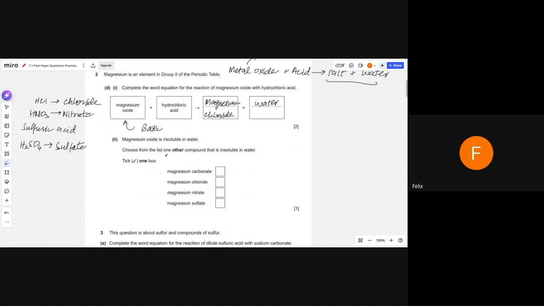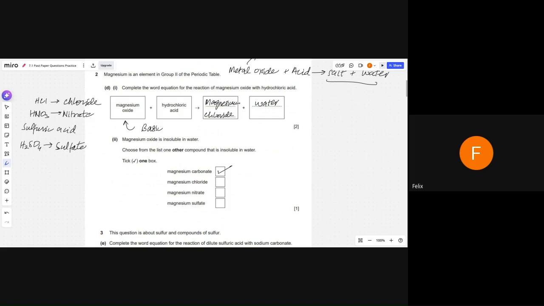Now the next question: magnesium oxide is insoluble in water. Choose from the list one other compound that is insoluble in water. The answer is magnesium carbonate. How do I know this? You need to memorize the solubility rules. Let me show you. These are called the solubility rules, and they are included in your syllabus.